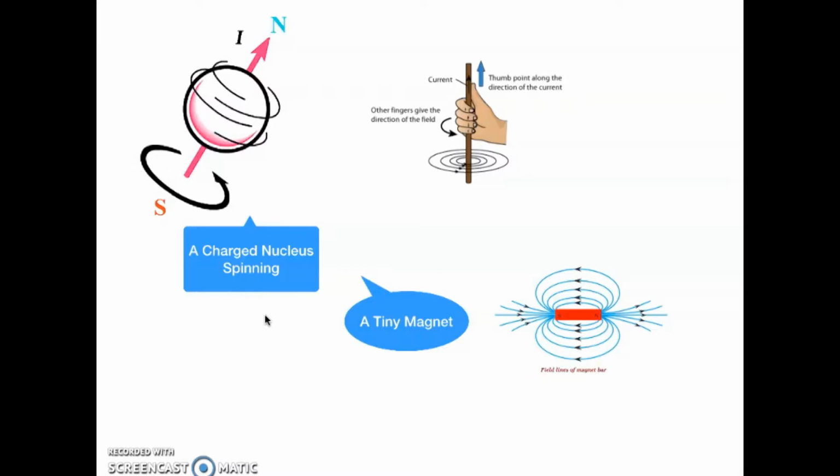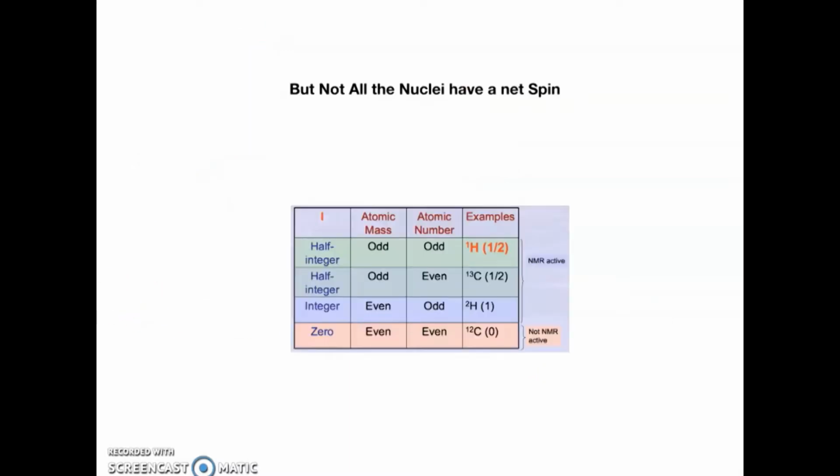Not all nuclei have a net spin. To have a net spin, there should be an odd number of protons or an odd number of neutrons, because inside the nucleus, one spin of a proton can cancel another oppositely oriented spinning proton. The same thing happens to the neutrons also.